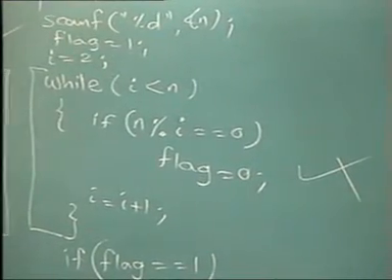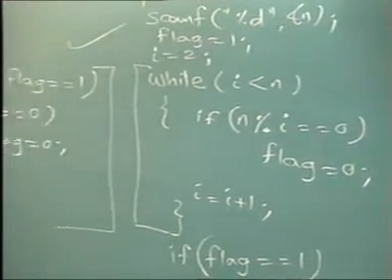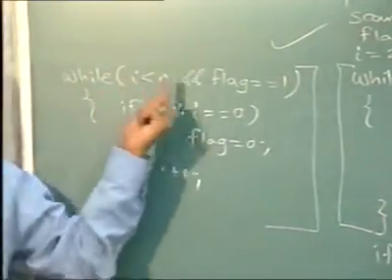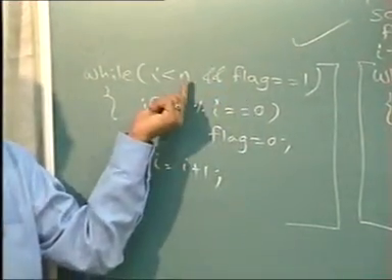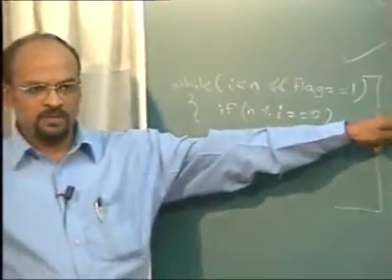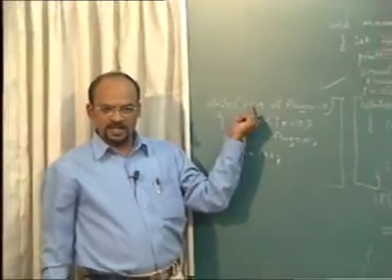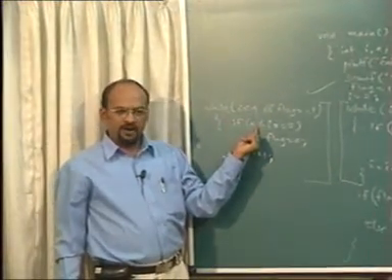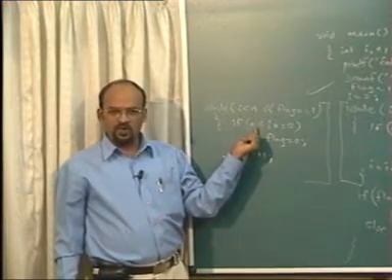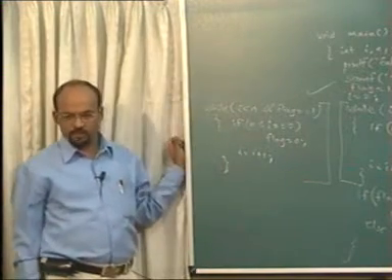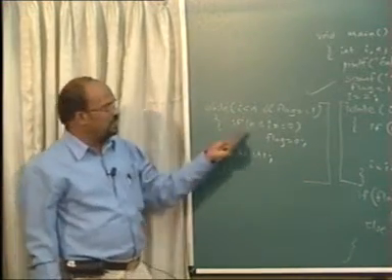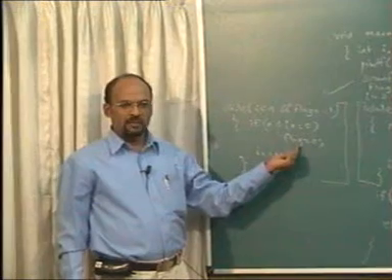We have already seen the truth table saying that to execute the loop, both the conditions should be true. Right now initially flag is 1, so this condition is true. i is less than n, fine, I divide. If the remainder is 0, then flag will be set to 0, otherwise i will be incremented. Now when some number divides n, flag will become 0.